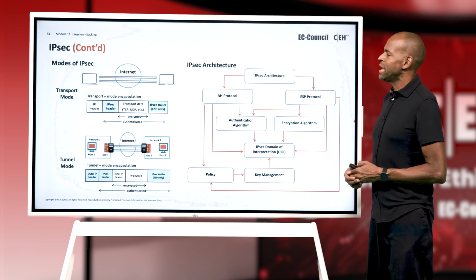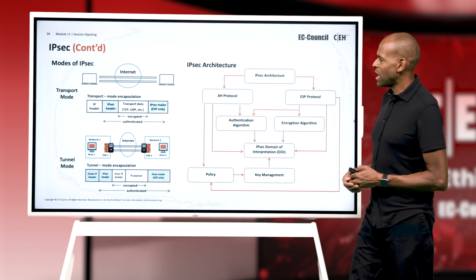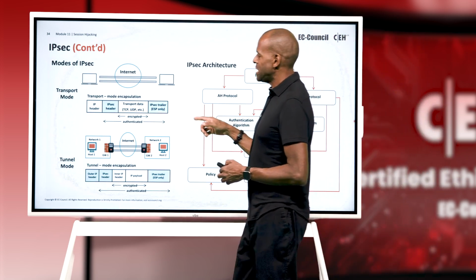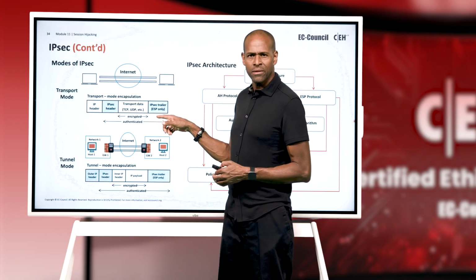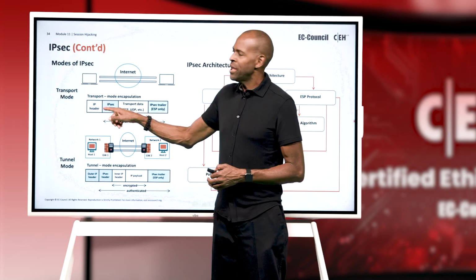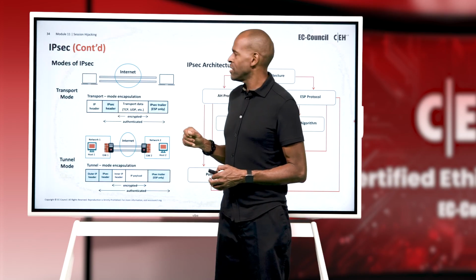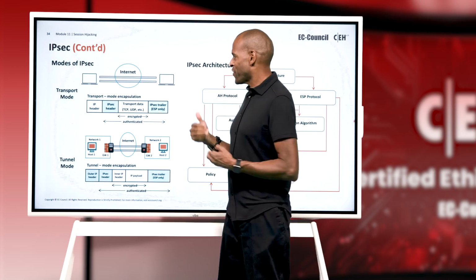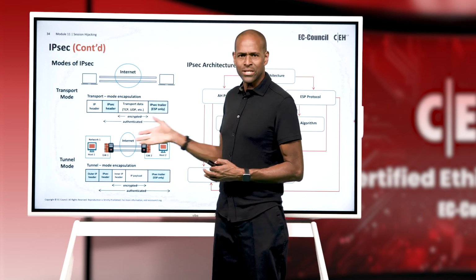If you look at IPsec, what I was talking about a little bit earlier is the encryption using ESP. And if you look at the encryption here for transport mode, the original header is not encrypted. Ergo, I can send these all around the internet.